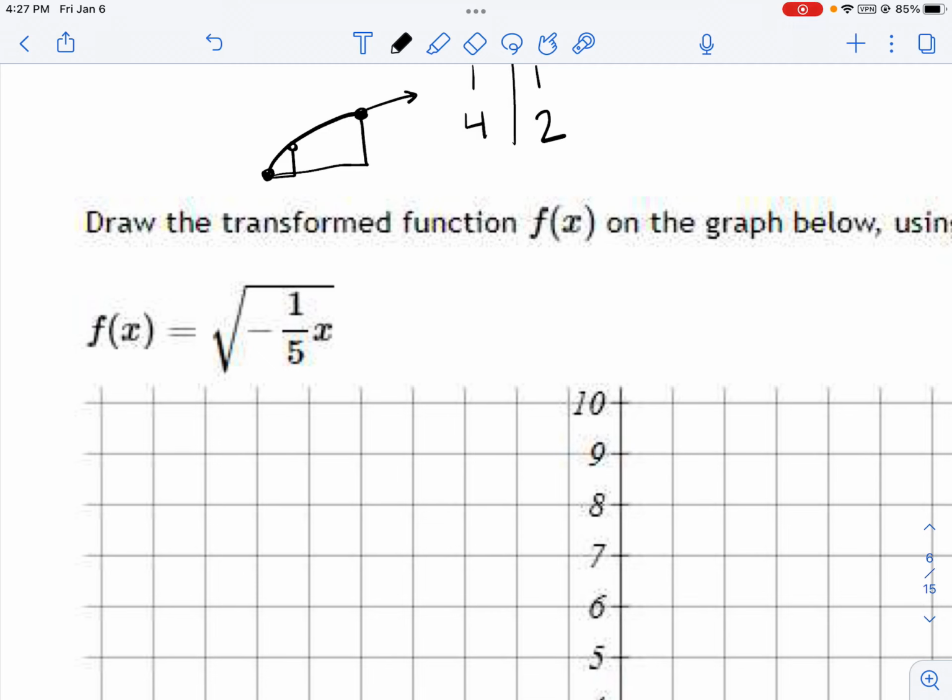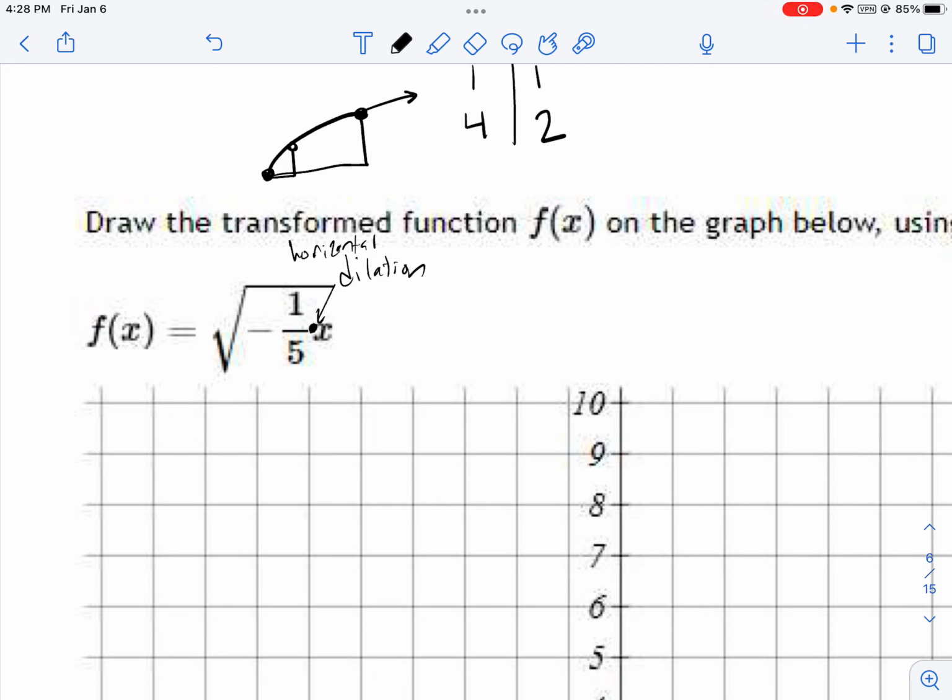Okay, so now let's figure out what our transformation is. For our transformation, we see that you have a negative 1/5 being multiplied to x. Now, multiplication implies that you have some kind of dilation going on. Whether that's horizontal or vertical, you have to look at where the number is. Because the negative 1/5 is inside of the radical symbol, inside of your operation, that means that you are looking at a horizontal dilation specifically.